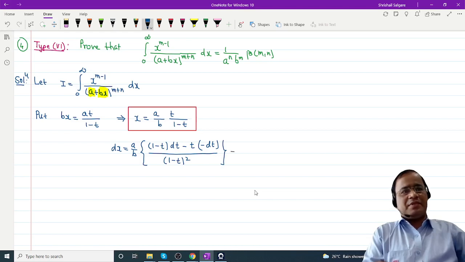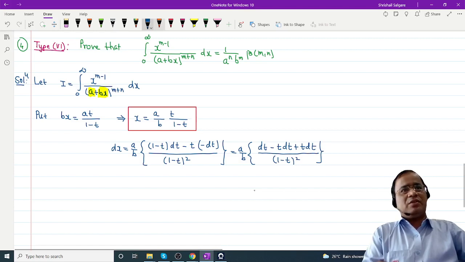And if you simplify, it comes as a divided by b, I think this is a dt first term, if you simplify the bracket, minus t dt plus t dt, and divided by 1 minus t bracket square.